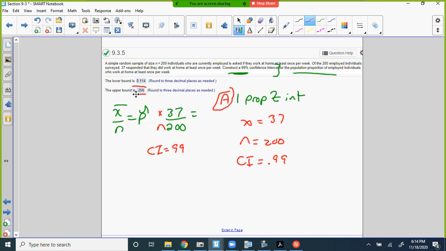And if I know how to use this, how do I do it on the calculator? Those are things you need to make sure you're secure with. Any questions on that? So this right here is basically 9-1, one proportion Z interval, and it gives you these inputs. Y'all okay with that?